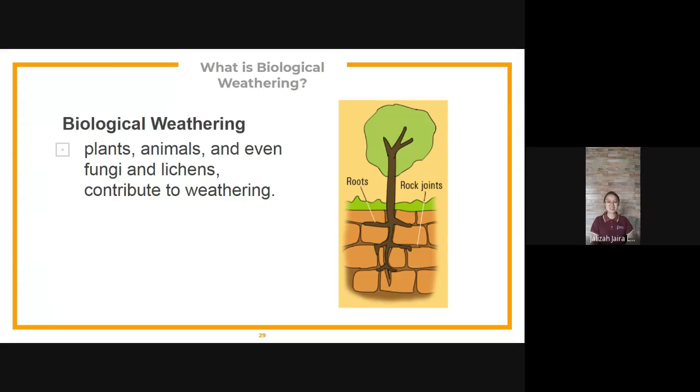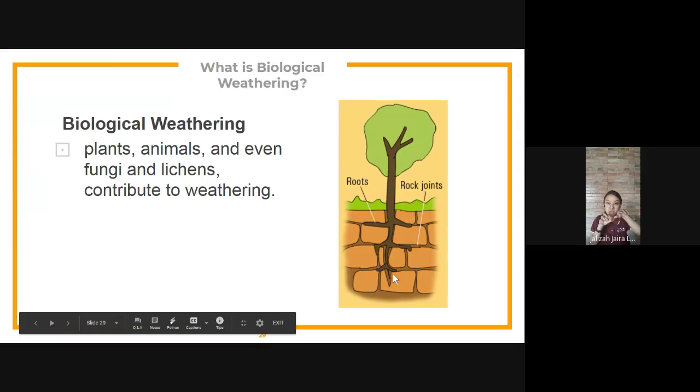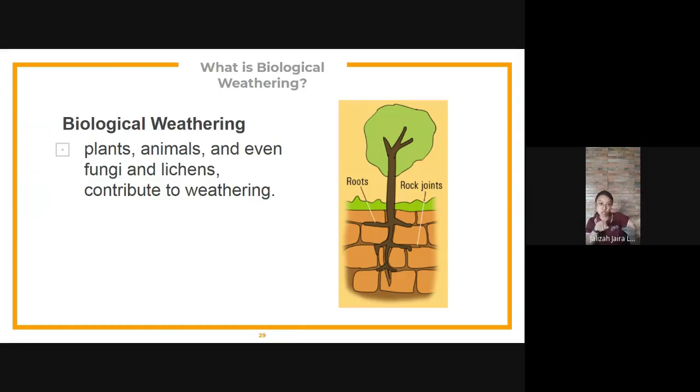Last but not the least is the last type of weathering, which is biological weathering. So this is when plants, animals, fungi, lichens all contribute to weathering. So if you would see here, the tree itself has actually started to infiltrate the rocks. And what happens here is that the roots themselves start to jab at the rocks, changing the shape of the rocks.